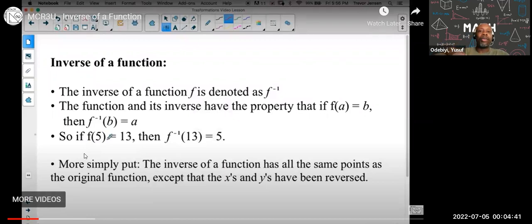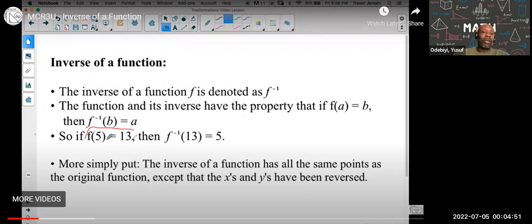So I'm going to write on the screen here. Normally, when we see this, we're saying f of 5 is equal to 13.